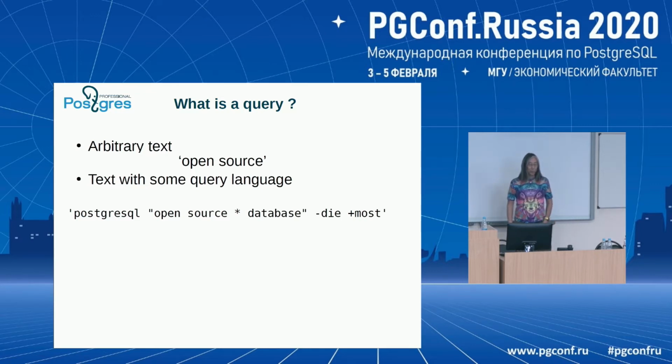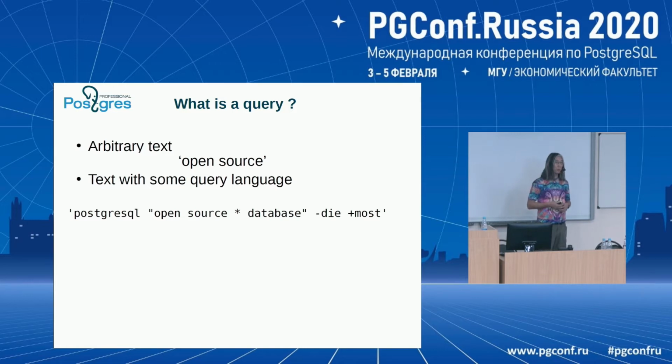And what is a query? A query is a kind of arbitrary text. It can be a document. It contains some words, written in a certain language. Here you can see an example of what we can type in Google: PostgreSQL, open source, multiply database, which means complete match, minus die. It means that die shouldn't be contained, but it should contain most.